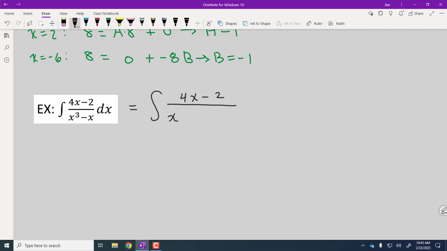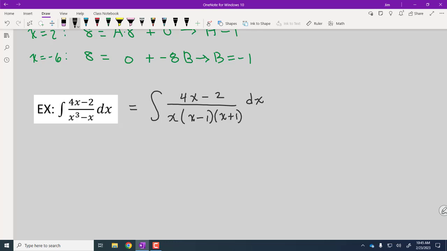The first thing I notice is that there's a common factor of x that's going to come to the front, and then we're going to be left with x squared minus 1, a difference of squares, x minus 1, x plus 1. So there is the factorization of the denominator.